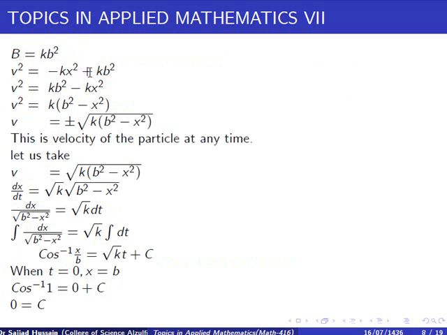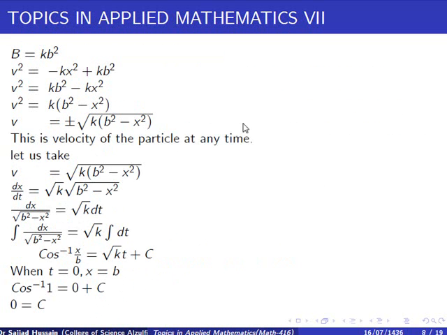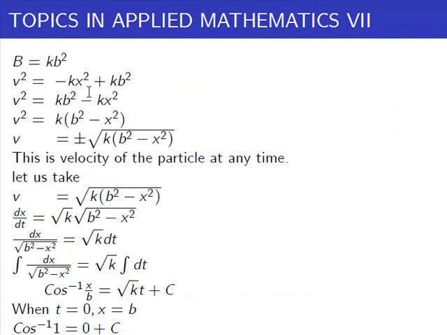b is equal to k B square. So we put the value of b here, and we get this equation: v square is equal to minus kx square plus kB square. Now we rearrange this right hand side: kB square minus kx square, k is common, B square minus x square. v is equal to plus minus square root of k into B square minus x square.